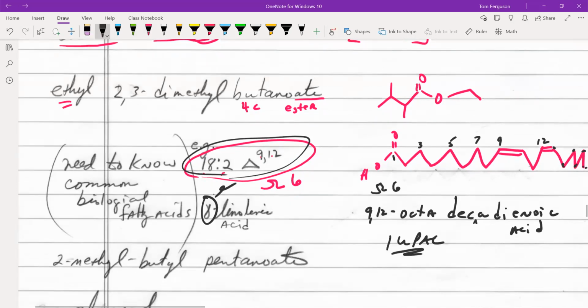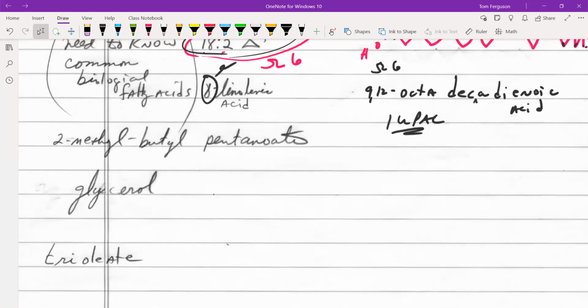Okay, so we have another ester. So this is the acid. This is the alcohol. So this would be a methyl group here.